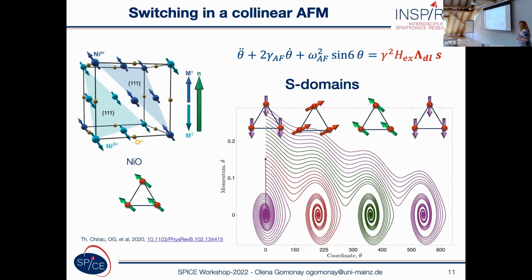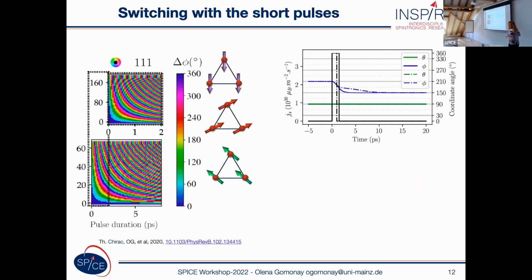So if we apply very short pulses, we should tune them in such a way that we end up in this final state, red or green or violet. So we studied the dependence of the final state on the pulse duration and the density of current which can be applied to the system.